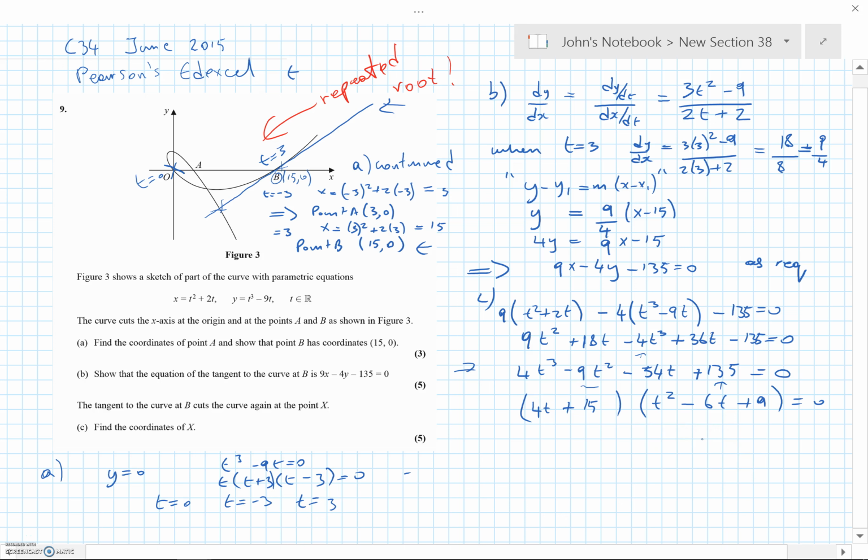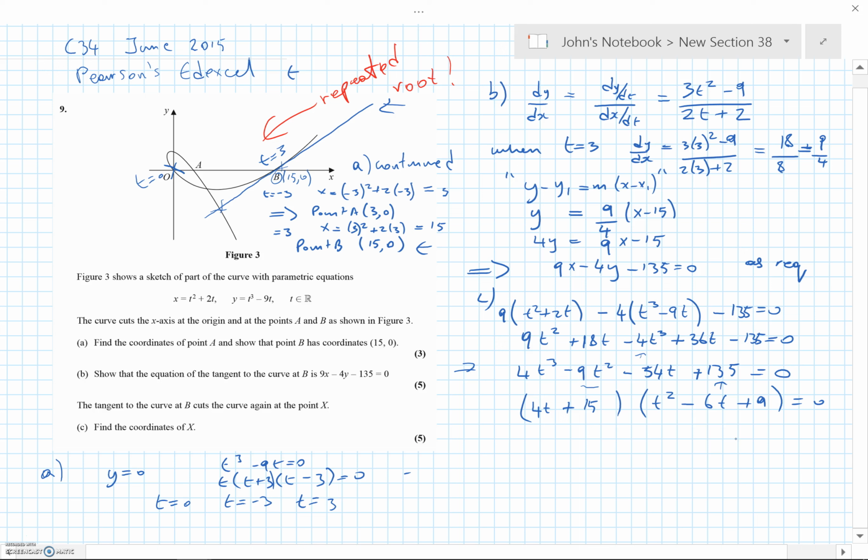And the 54t, let's check that as well. We've got 15 times minus 6 there. That gives us minus 90. But we've also got a 9 times 4t, which is plus 36t, which gives us our minus 54t. So yes, it is factorised, and we've got it.